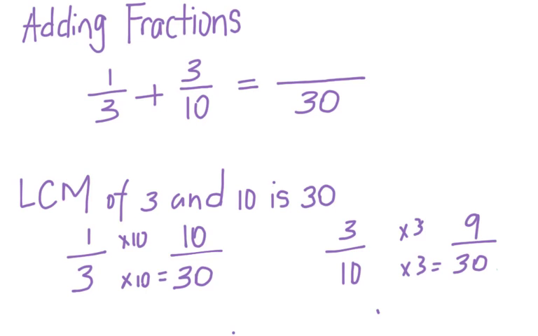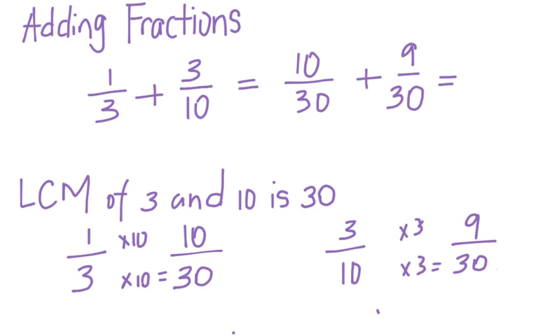So now we rewrite our fraction above. 1/3 is the same as 10 over 30, plus 3/10 is the same thing as 9 over 30.